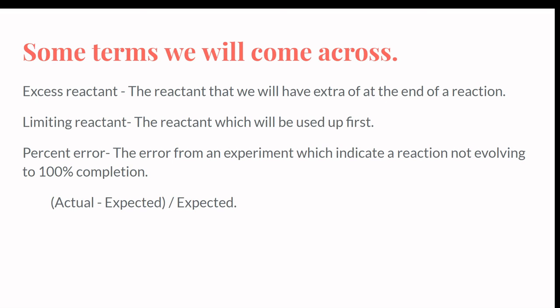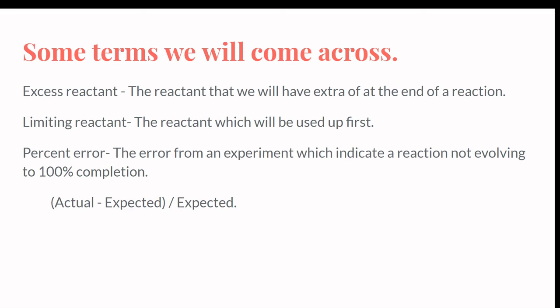Okay. Now, there are going to be some other terms that we are going to come across. Okay. And the first term that I want to make sure that you guys write down is going to be excess reactant. And this is often going to be the reactant that you'll have extra of at the end of a reaction. It's usually what you have unlimited amount of or that you make sure doesn't get all the way used up. Okay.